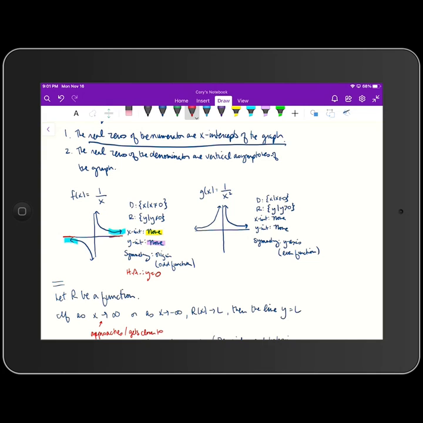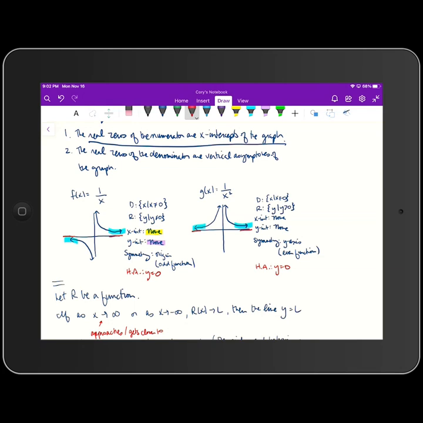And we can do the same thing for the function 1 over x squared as well. Again, if as the x values go to infinity or negative infinity, the y values of our graph approach some finite number, which here is 0, since the y values on both sides are getting closer and closer to 0, that graph on the right is going to have a horizontal asymptote at y is equal to 0.